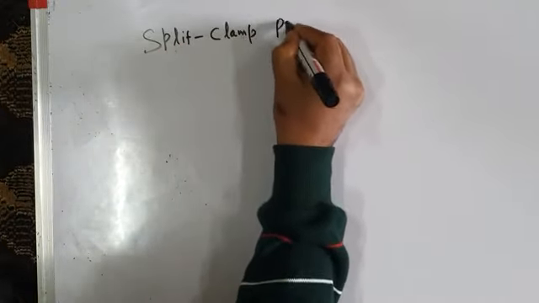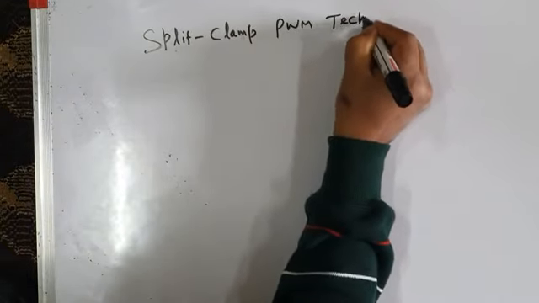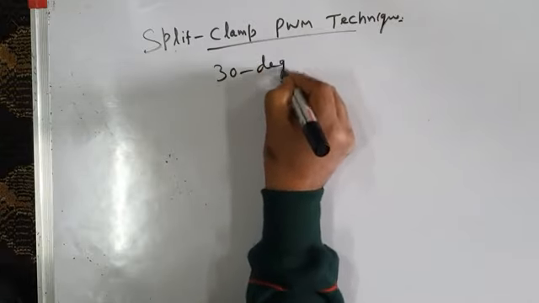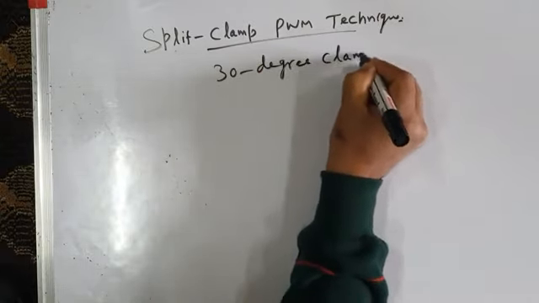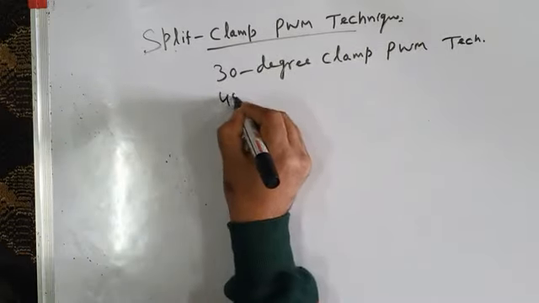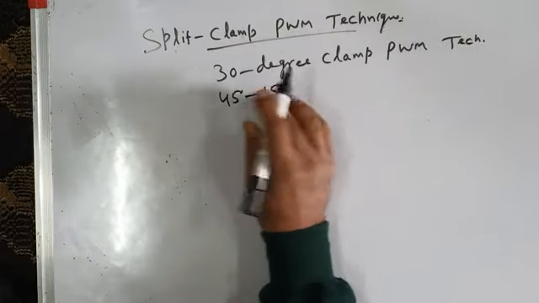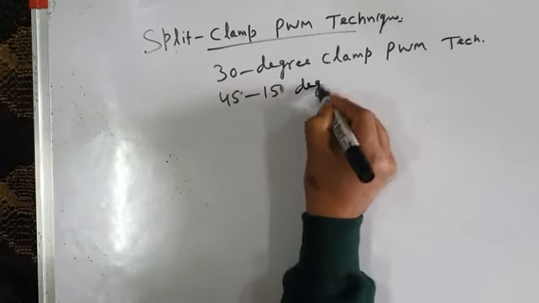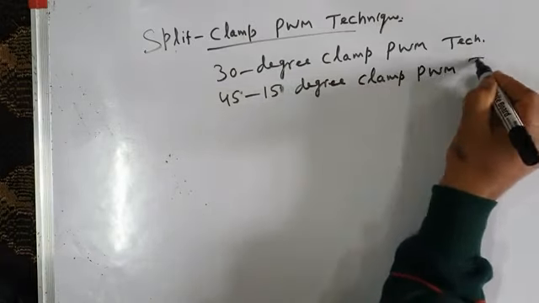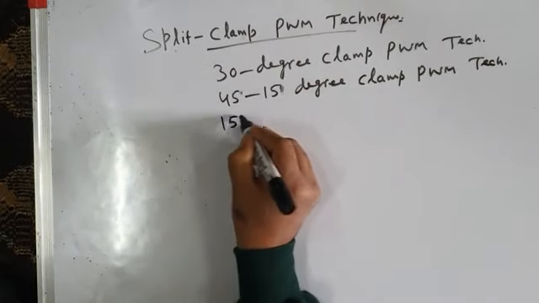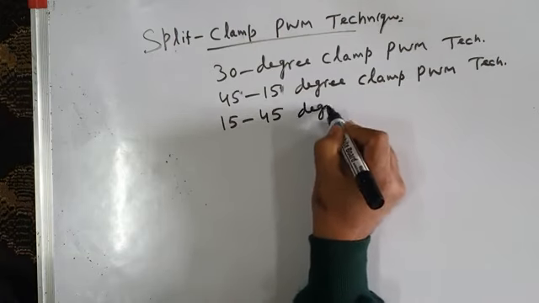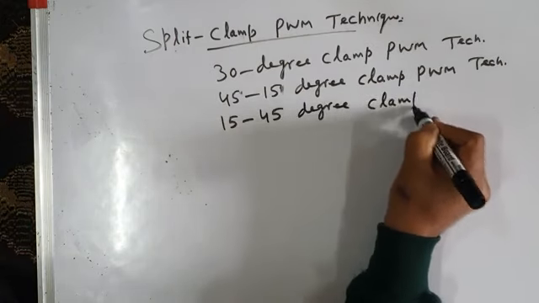In the split clamp PWM technique, we discussed the 30-degree clamp PWM technique. We discussed the 45 dash 15 degree clamp PWM technique. And in fact, I gave you an assignment to draw the waveforms for the 15 dash 45 degree clamp PWM technique.